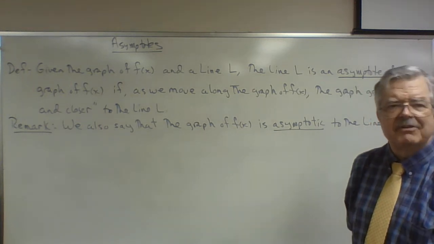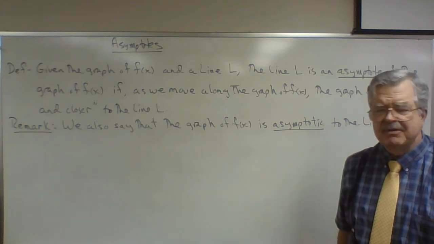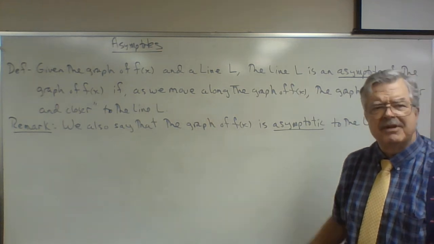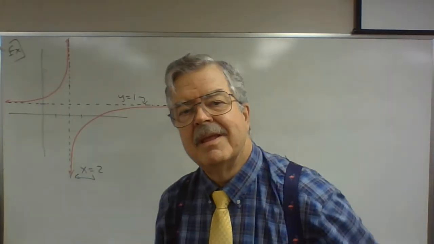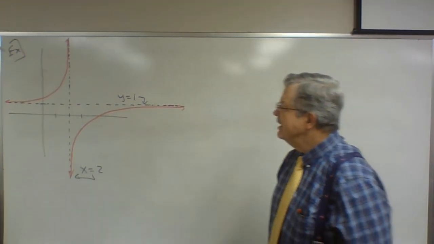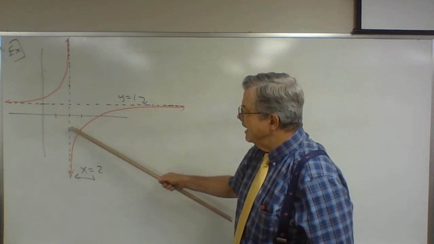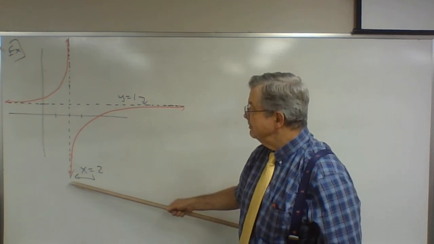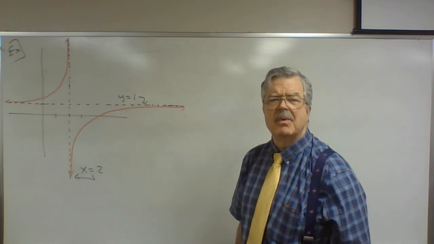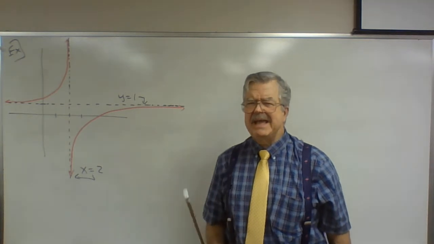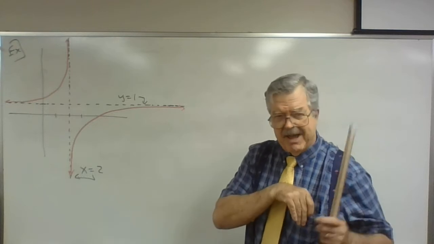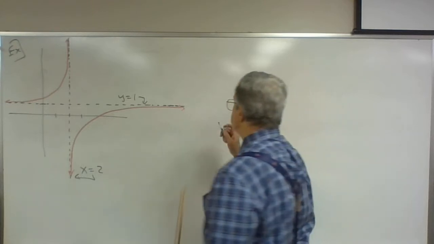Let's look at some examples, some pictures, so that we can make better sense of this definition. Here's a nice example. We have a vertical line given by x equal 2. We have a horizontal line given by y equal 1. And I claim that both of these lines are asymptotes. As a matter of fact, I'm going to write that down right now.